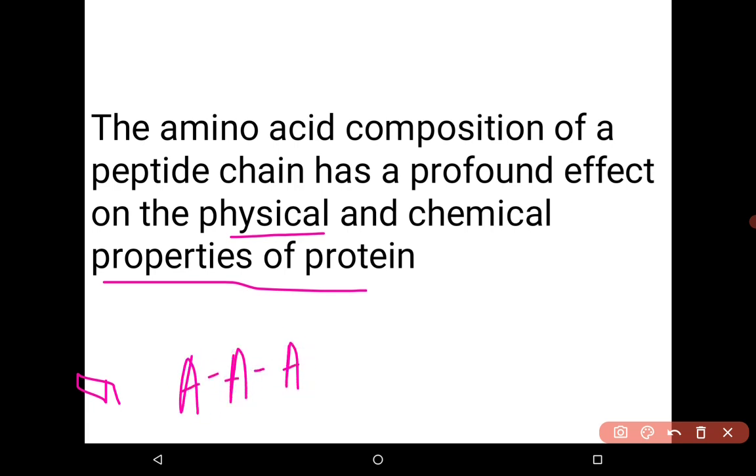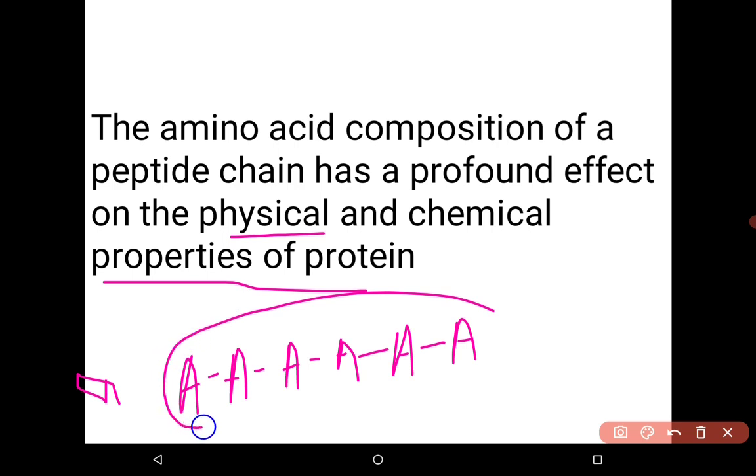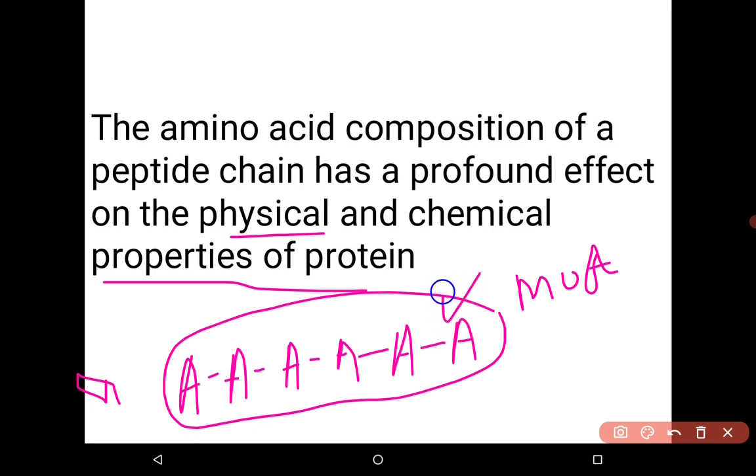This primary structure is the first level, but it is the most important level, because it is what will give the physical and chemical properties of the protein once it is formed. Because any mistake that will happen here, mostly these are irreversible.